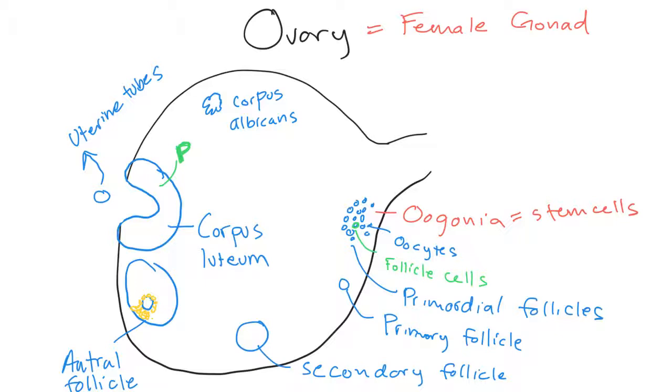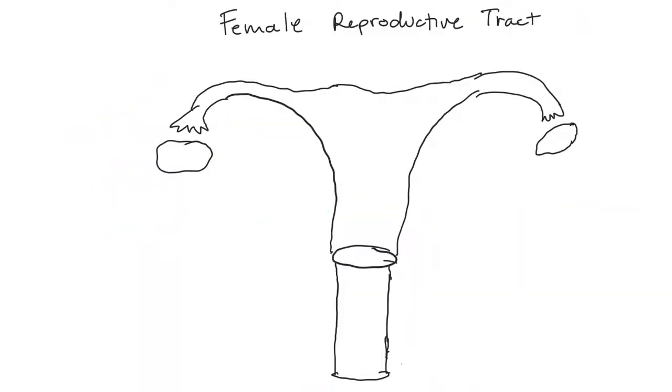Okay, so that's the ovary. The female reproductive tract actually has a lot of diversity. This is going to be the human one, but they can be very different in their shape in the uterus.